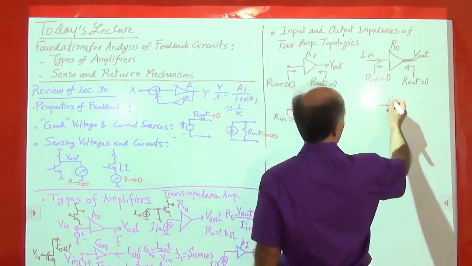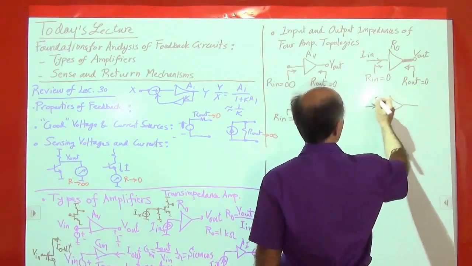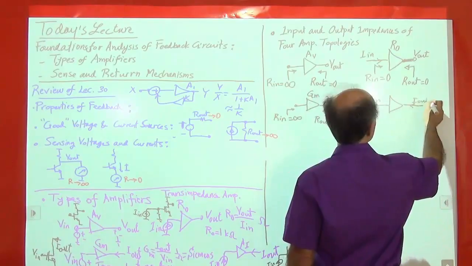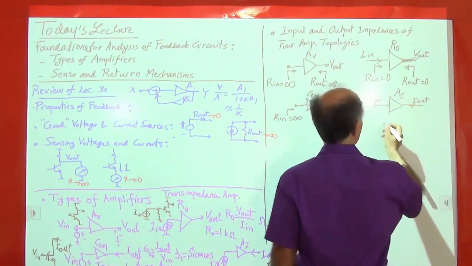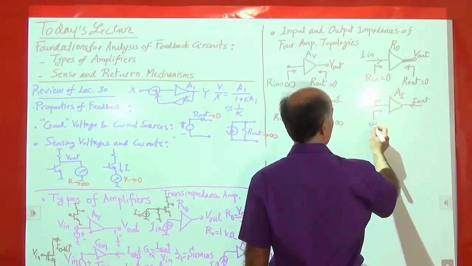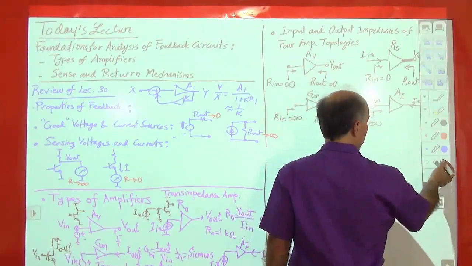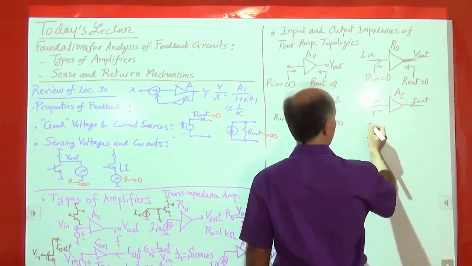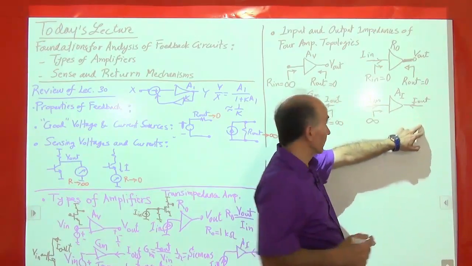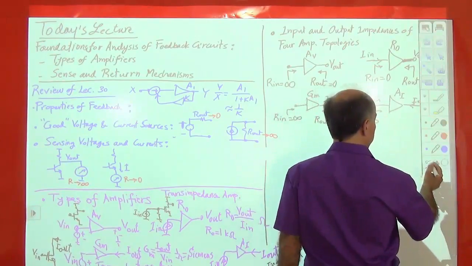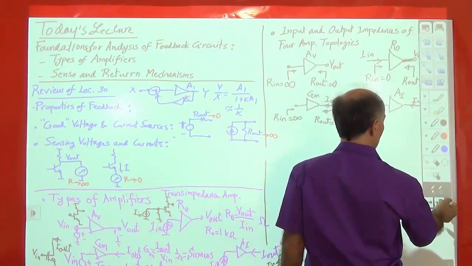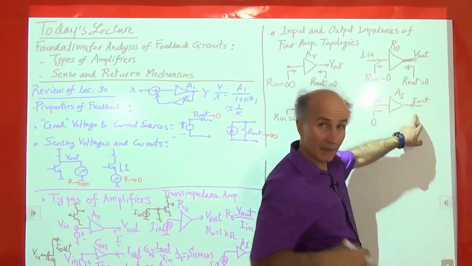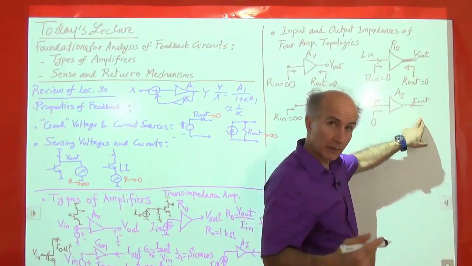And then finally, in the case of a current amplifier, I in and I out with the gain of AI, oh sorry, I made a mistake again. Let's see here. Because we are trying to measure a current, the input impedance should be 0, and because we are trying to deliver a current, we want to act as a good current source, so the output impedance should be infinity.